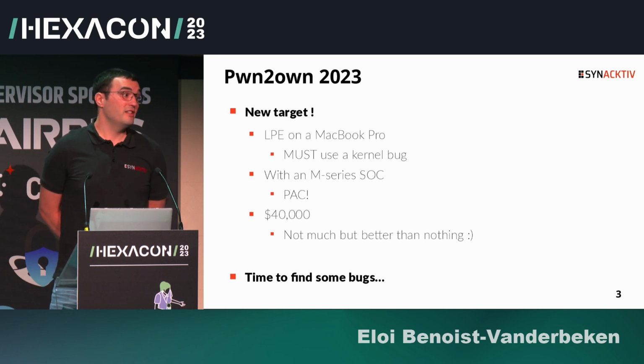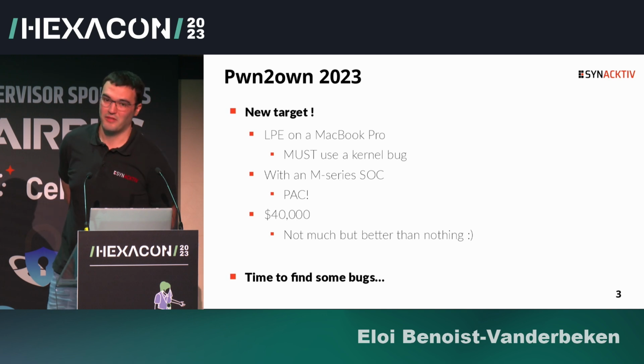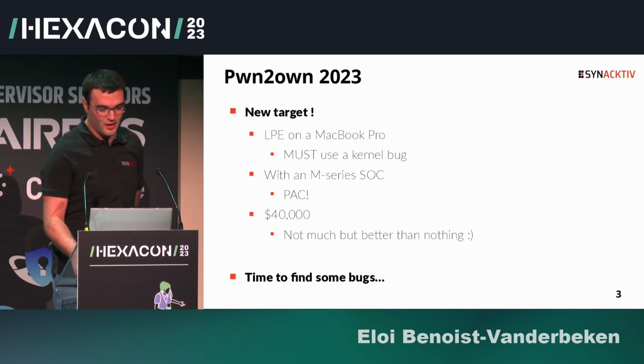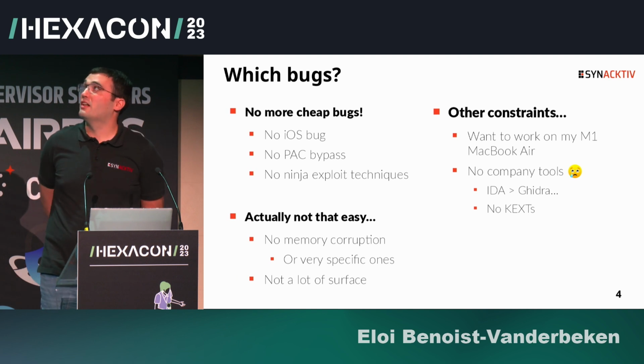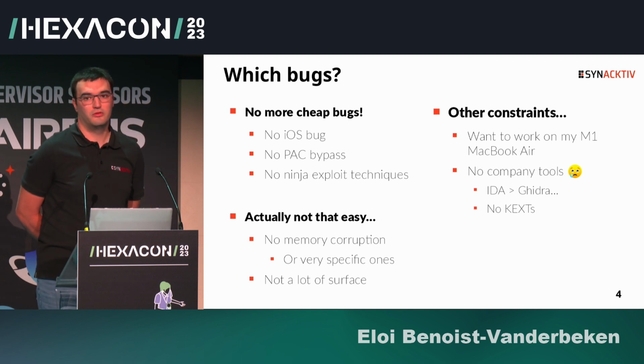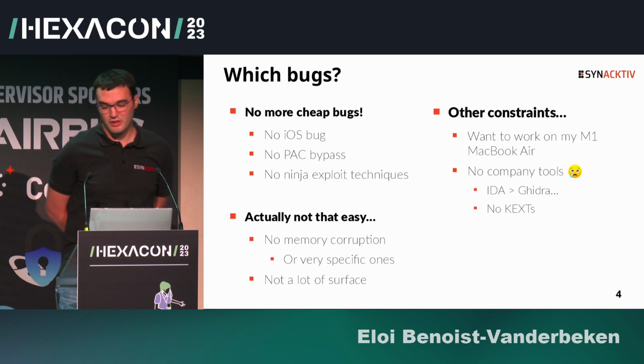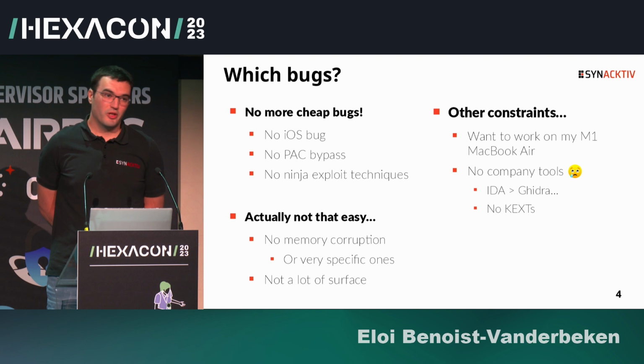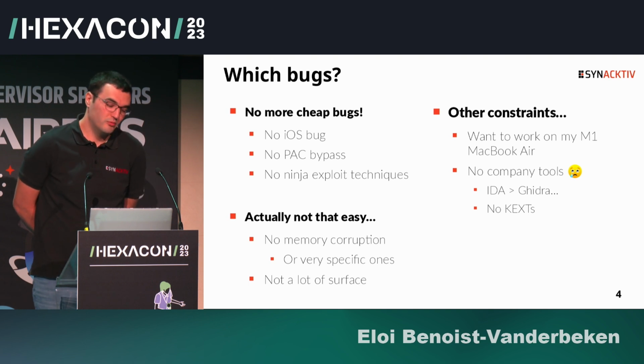So well, I decided to prove to my team that I was good at other things than planning and meetings, and tried to find some bugs. But I didn't want to burn any bug. I needed to burn a non-iOS bug because, of course, you don't want to burn an iOS bug to root a MacBook Pro.